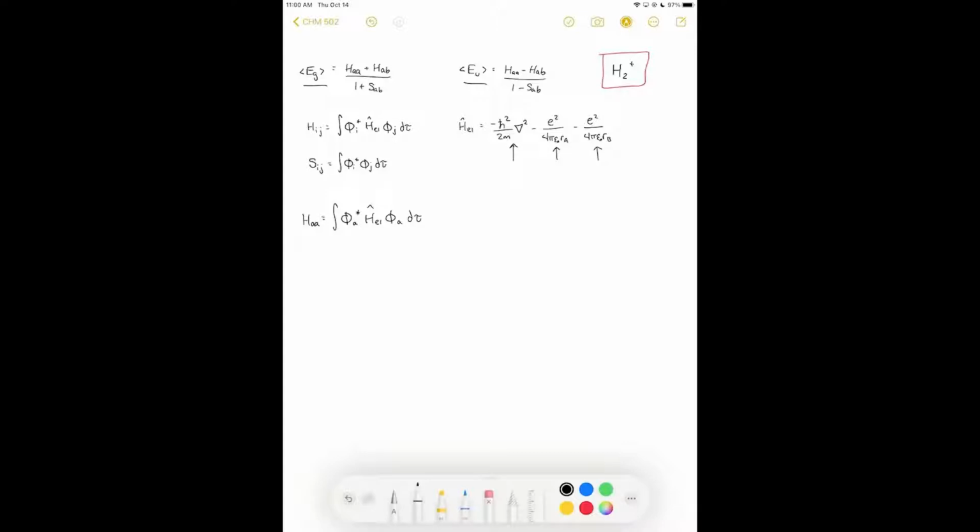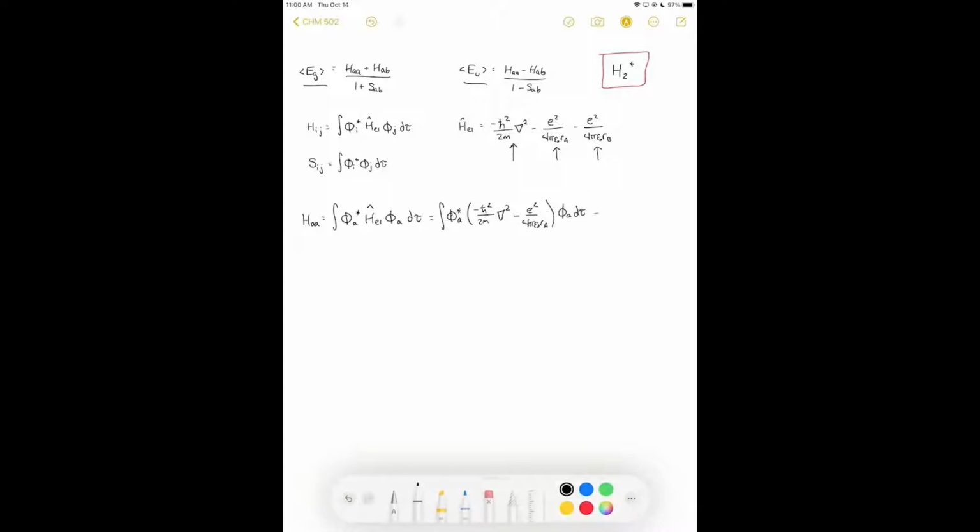So if we plug that in, we'll get the following. I'm going to break this apart into two integrals. So I'll get the integral of phi star A, and then we'll have negative h bar squared over 2m times the kinetic energy operator there, and then minus e squared over 4 pi epsilon naught RA, and then phi A. And then we have a second integral.